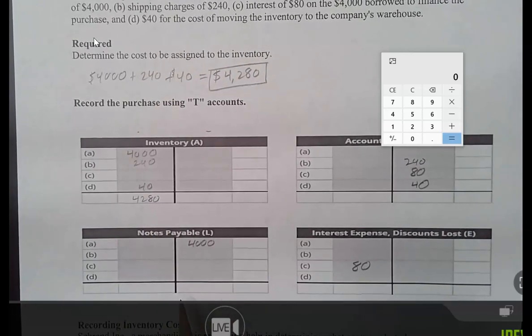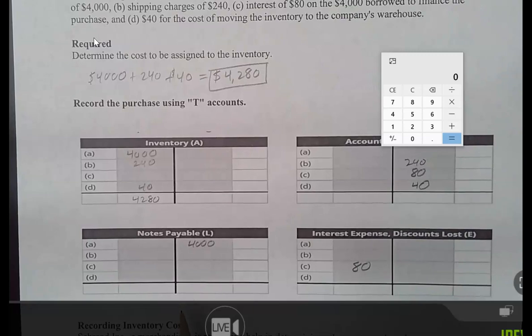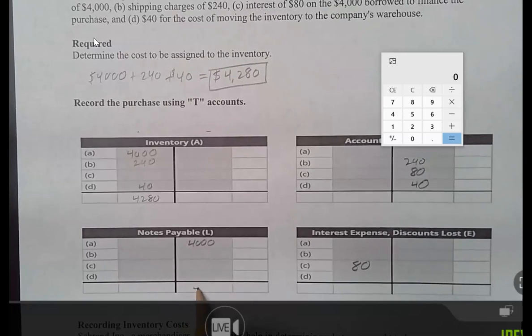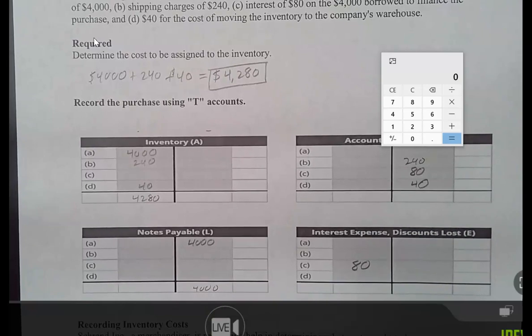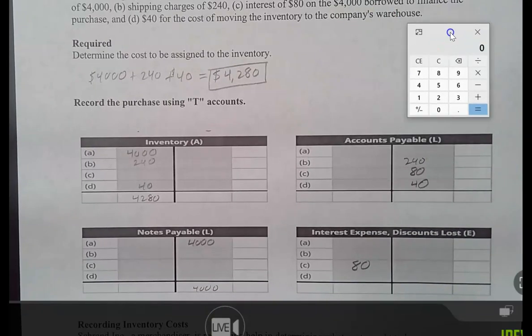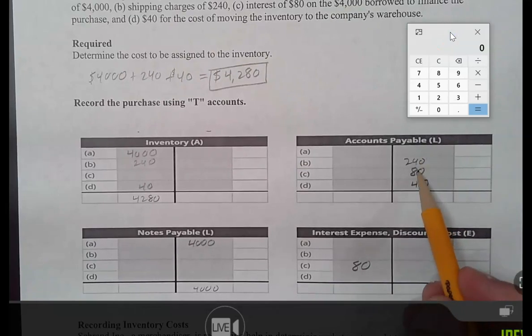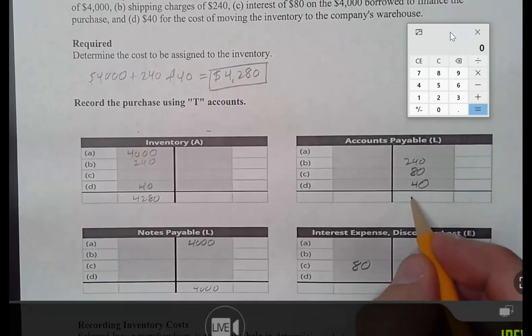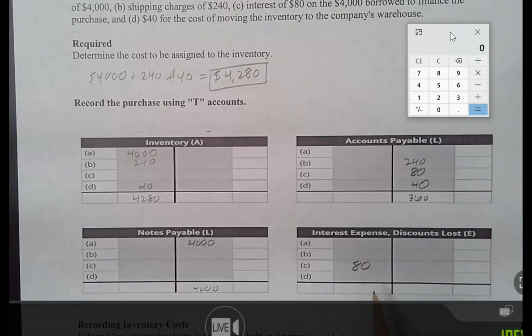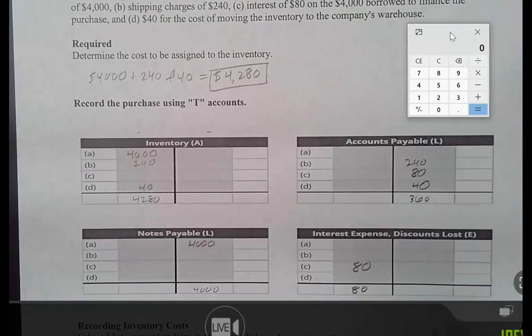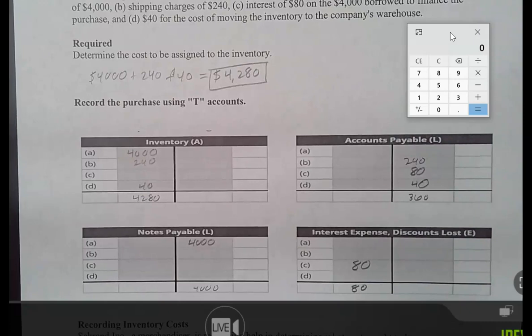So we have an inventory value of $4,280. We have a note payable totaling $4,000. We have short-term accounts payable of, let's see here, $240 and $80 plus $40 is $360, and then we have interest expense totaling $80. And that is all we have to do for this particular exercise.